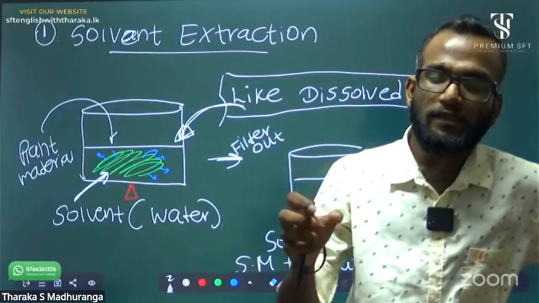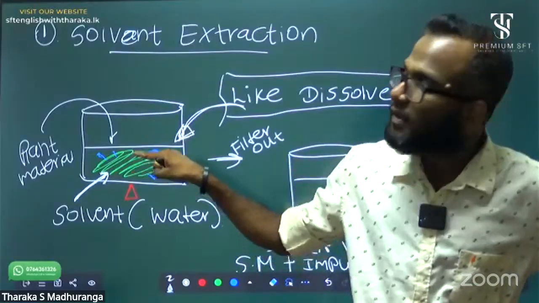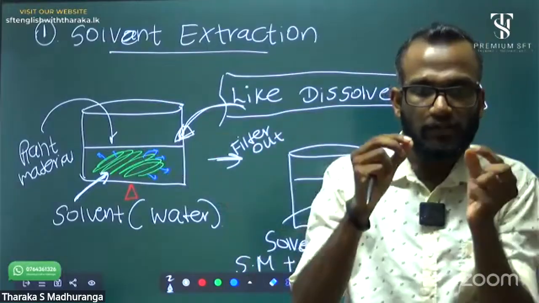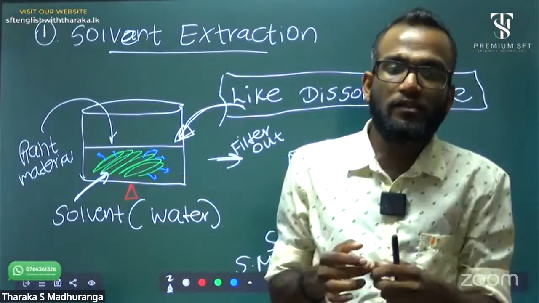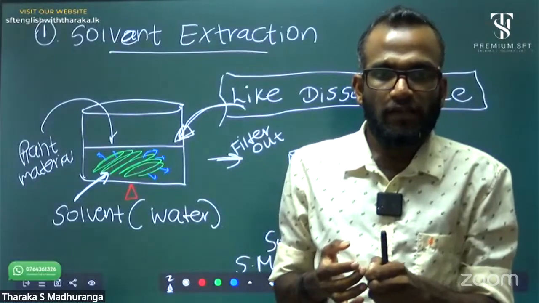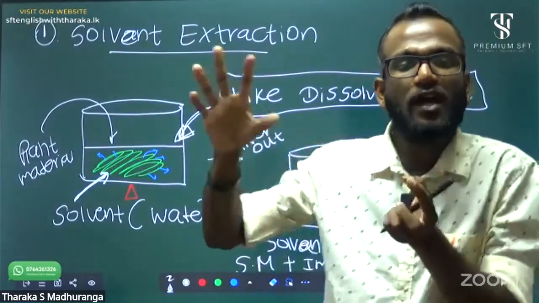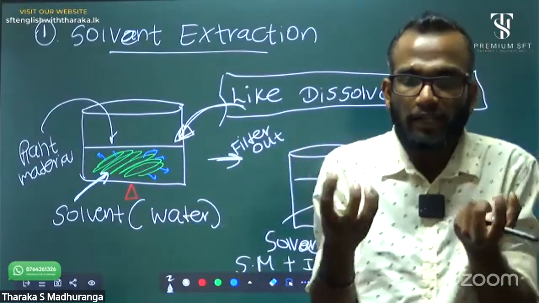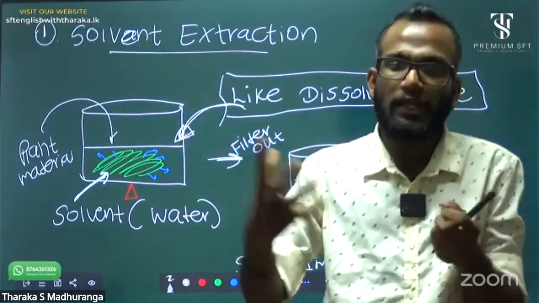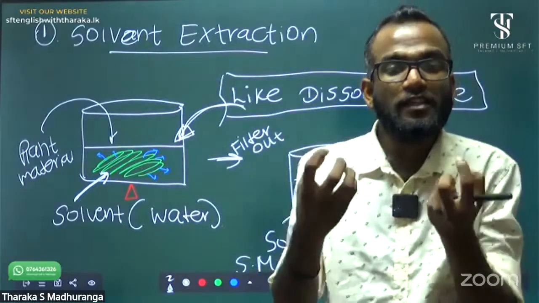The problem is that sometimes the solubility of particular compounds is very low in solvents. Then if we filter out and get the solution, what happens? A lot of particles are wasted with the plant material, right? The solubility is very low.